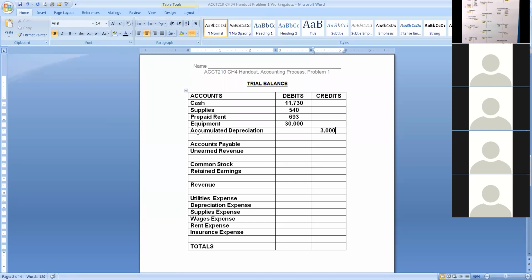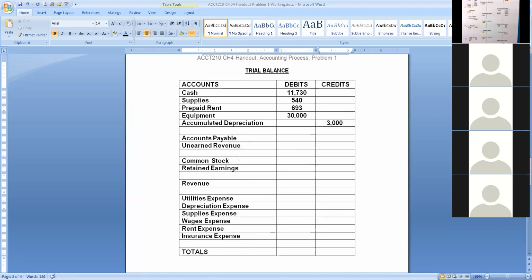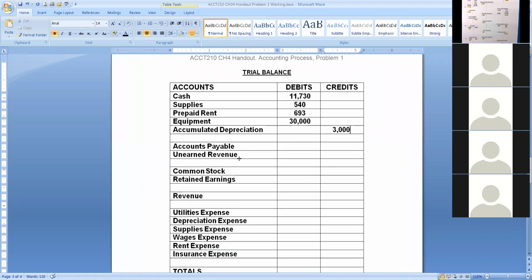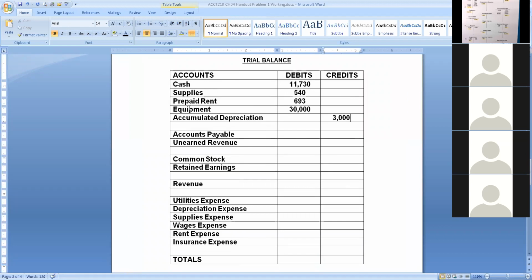Now, I think I talked about this earlier, but these two go together. You'll notice that one is a debit and one's a credit.